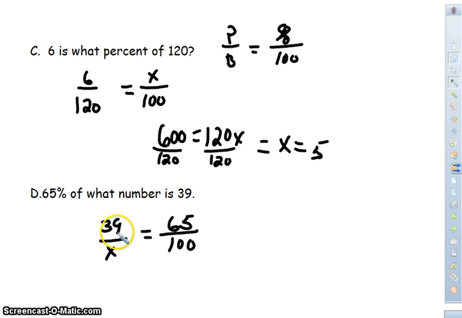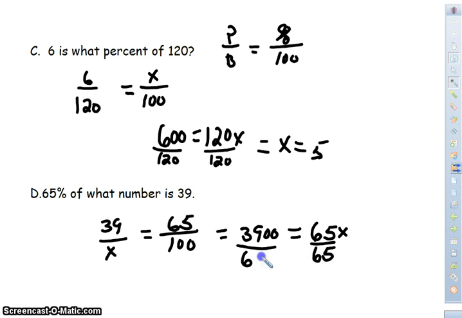The what number is going to be larger. It's going to be my base. So again, 3900 when we cross multiply equals 65x. Divide both sides by 65. So 3900 divided by 65 equals 60. Okay, later on in this lesson we will actually do the equation.